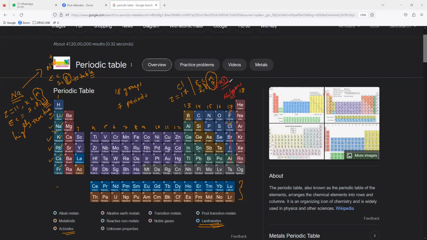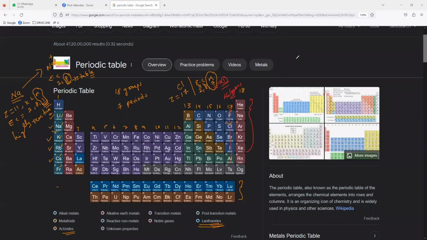What is the purpose? Why will they acquire stability? To attain the nearest noble gas electronic configuration. Have you written it, Harish? Everybody written? So what is the reason?